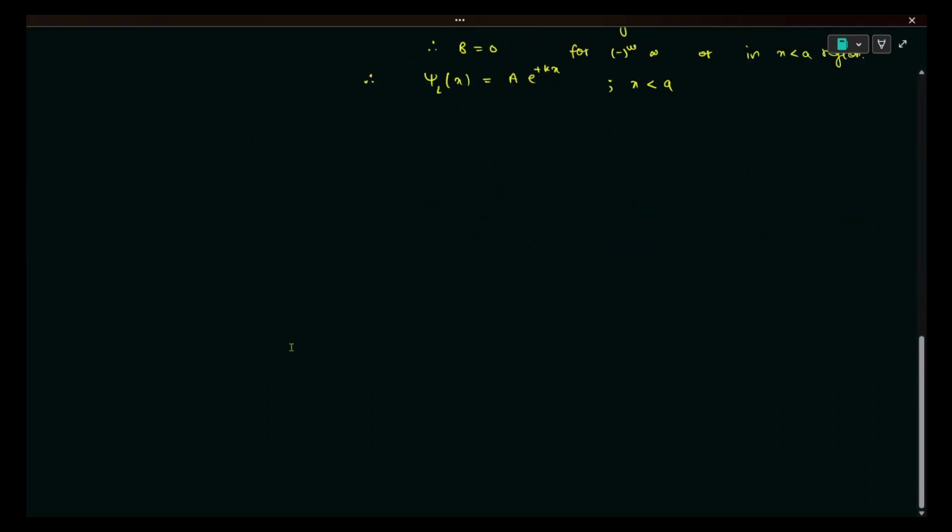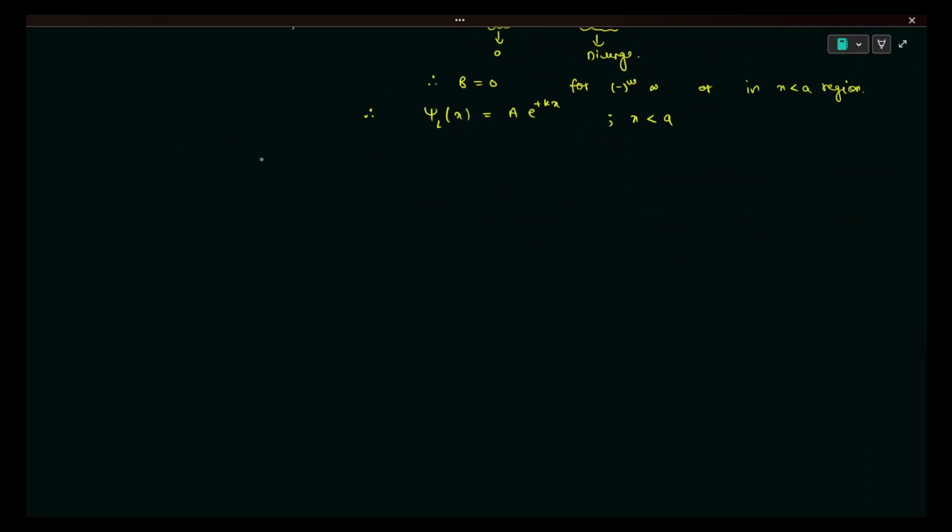So we can conclude psi of x should be b e raised to power minus kx for x greater than a, and a e raised to power plus kx for x less than a. So this is our wave function.